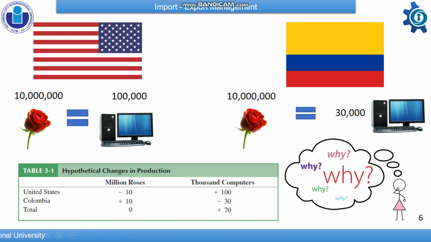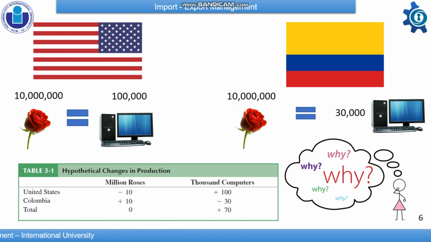Then they realized that in Colombia, because it's summer instead of winter, the cost of growing 10 million roses is only equal to 30,000 computers. So we can see, if we grow 10 million roses in Colombia, we will have more advantage. We will lower the cost, and that cost we call opportunity cost.